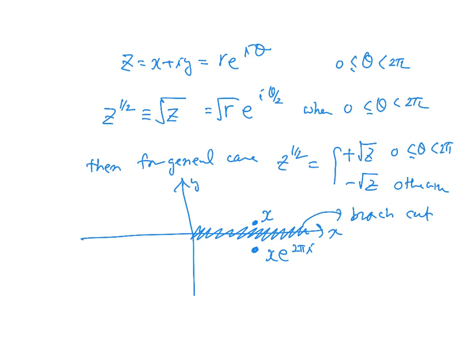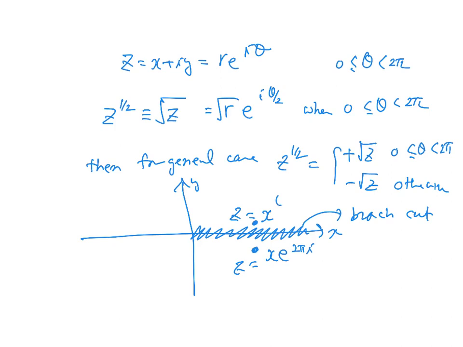So this is a barrier for the branch cut, and right above, a tiny distance from the x-axis, called x. So above the x-axis, we can put z is equal to x. But below the x-axis, this point can be x times exponential 2 pi i, because you have to rotate 2 pi i, right?